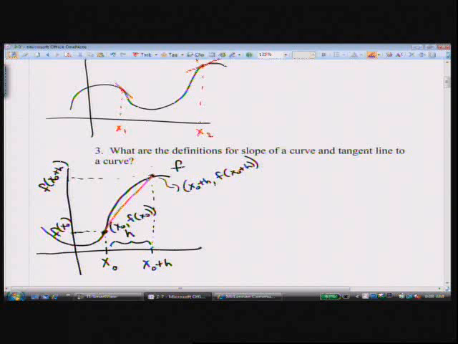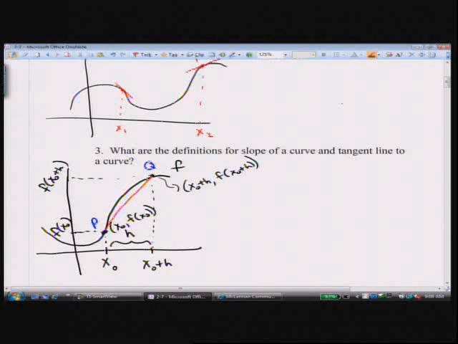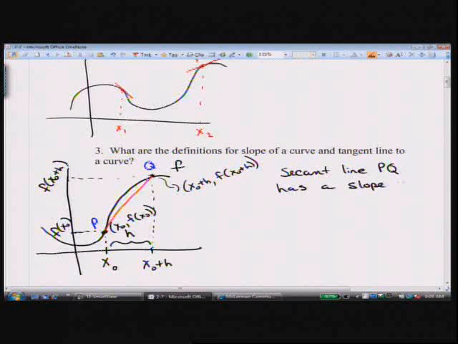This one's going to be Q, this one's going to be P. Okay, and so we can say that the secant line PQ has a slope of, let's see, well, the formula for slope is change in y over change in x. x2 minus x1 over, I'm sorry, y2 minus y1 over x2 minus x1.